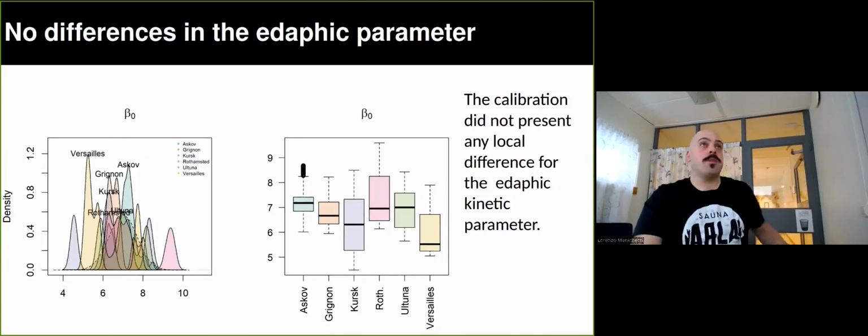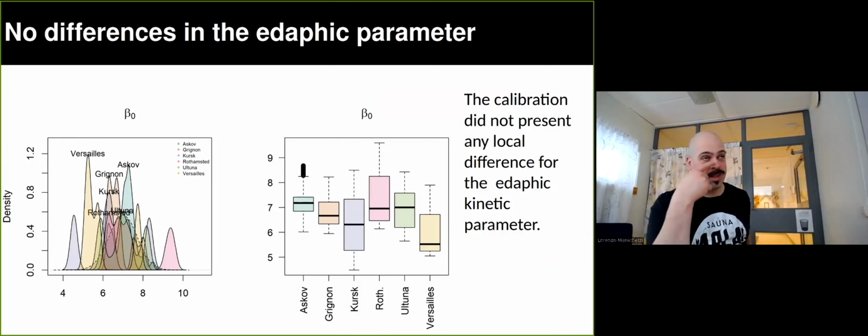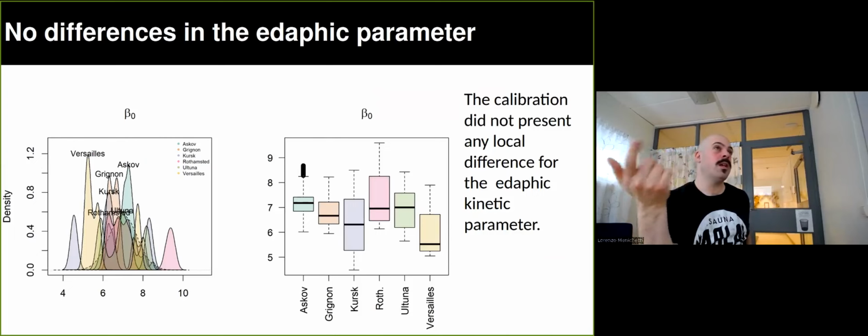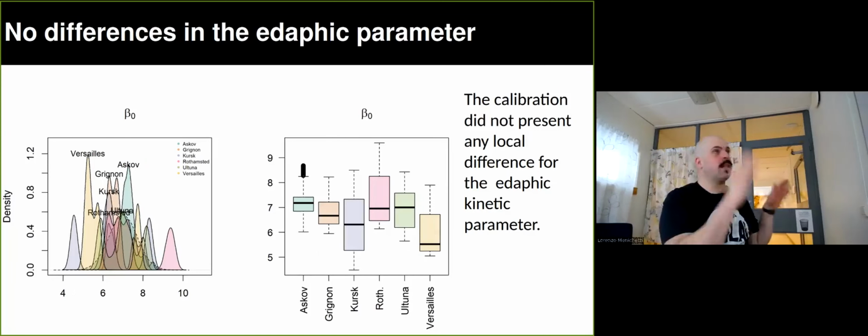The edaphic parameter was basically not needed. The calibration didn't want it. I always attribute a bit of agency to this calibration. This means that the calibration didn't want to use the edaphic parameter. It was better to concentrate all the information from the variance in the other parameters.